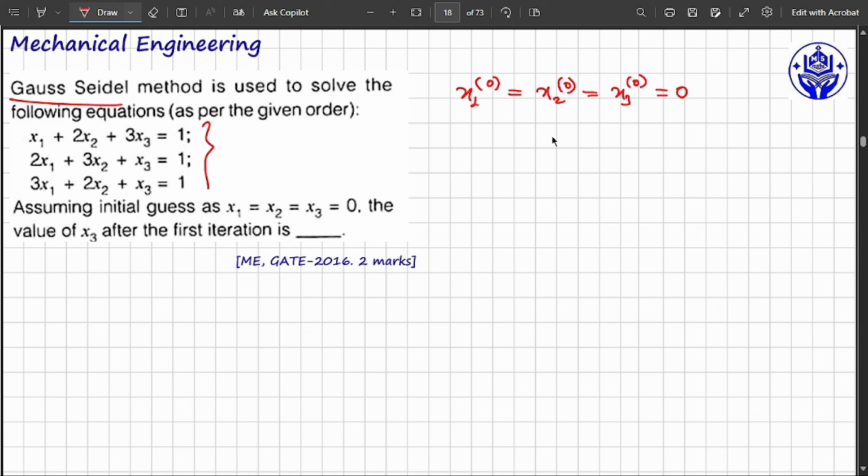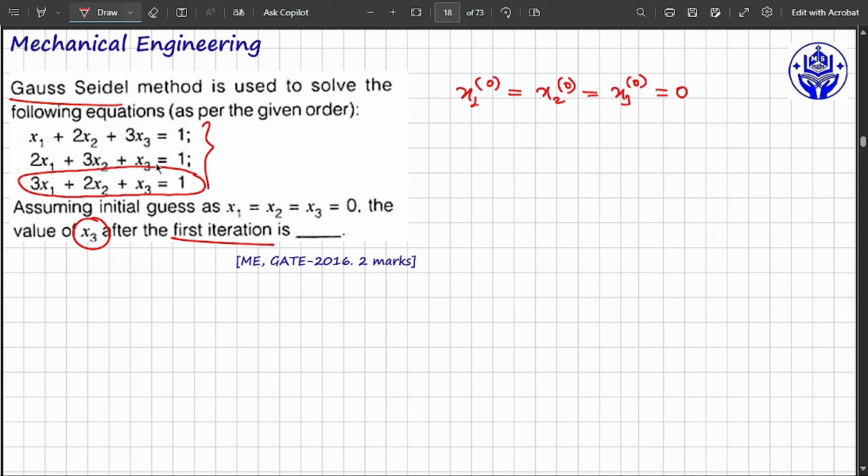So after the first iteration, what is the value of x3? So it is asking. For that we should have at least the values of x1, x2, x3. But in this case, if you are asking about x3, then easily start over here. So after the first iteration, just start over here, so you will get all these values.